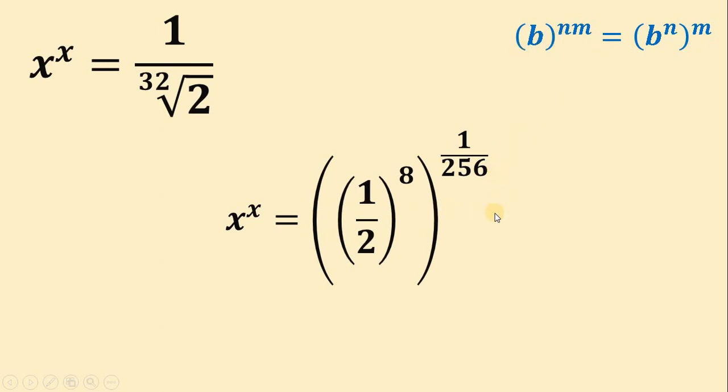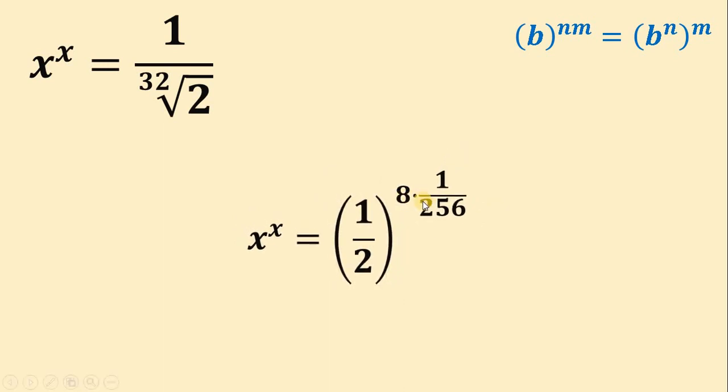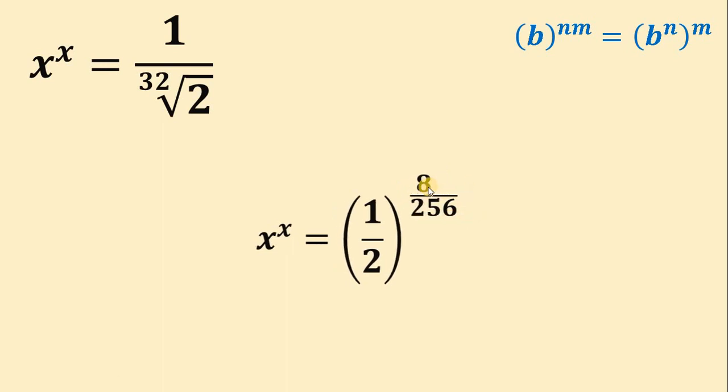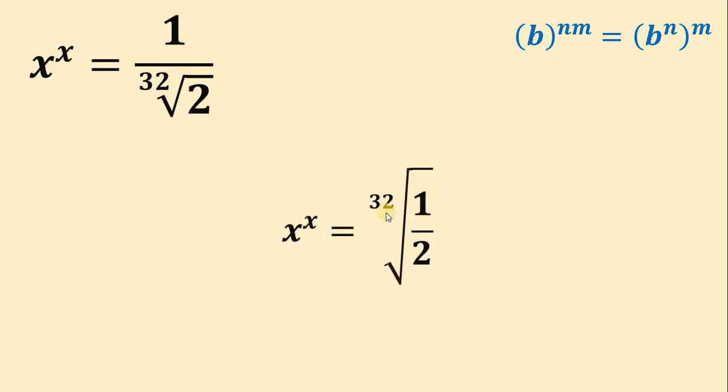So, the right-hand side can be written as 1 over 2 raised to the power of 8 times 1 over 256. 8 times 1 over 256 is the same thing as 8 over 256. And if we simplify this, 8 over 256 is just 1 over 32. Now, 1 half raised to 1 over 32 can be written as the 32nd root of 1 over 2.